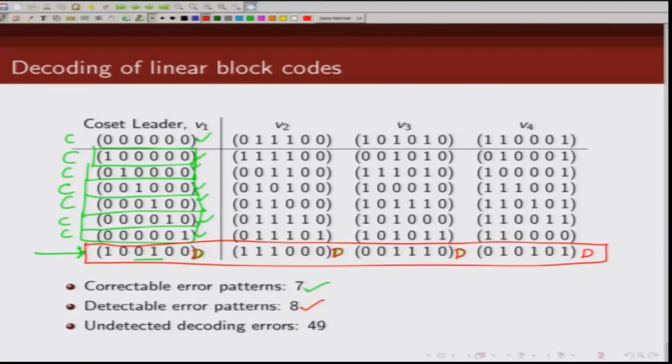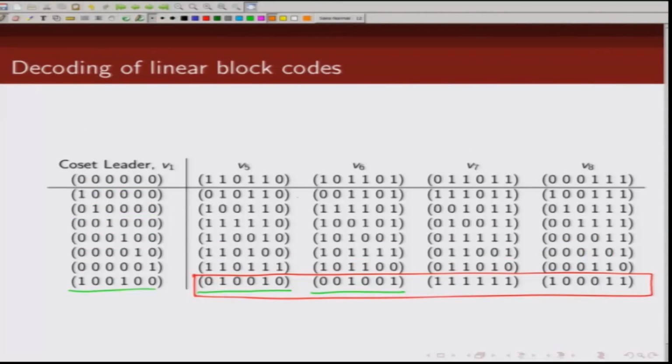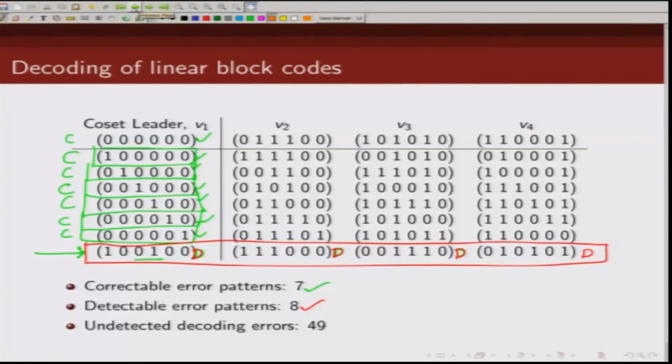Now, let us use a different color pen. What about these patterns which have been left out? This, like other error patterns, what happens to them? These error patterns, let us say if this error pattern happens, what is going to happen? If this happens, I am not able to detect these error patterns. Why?